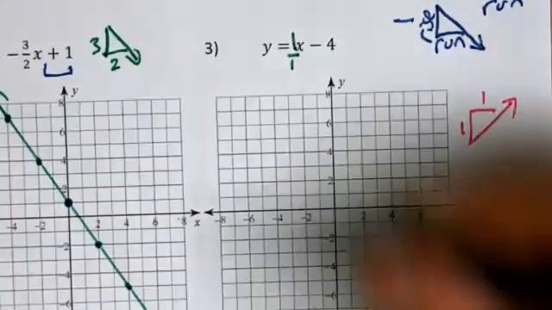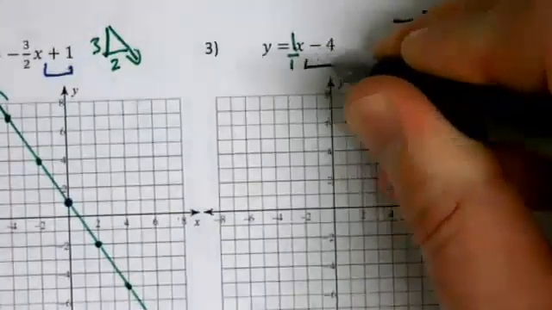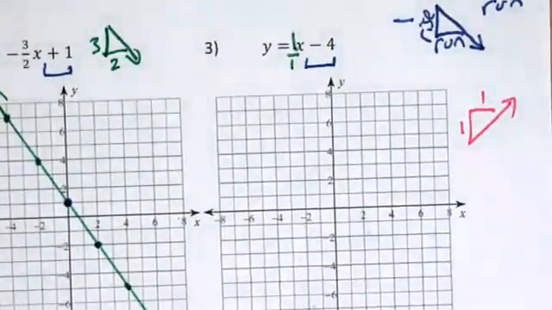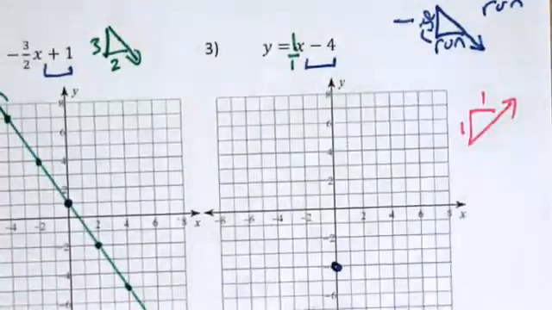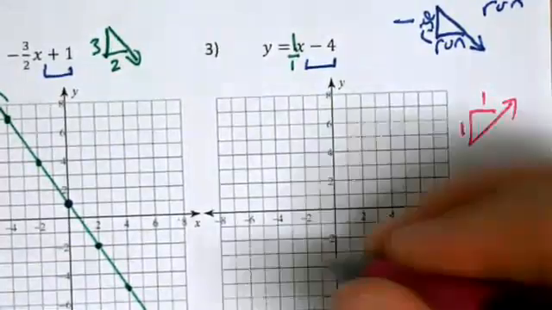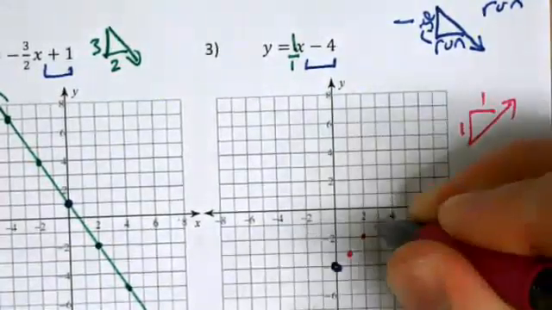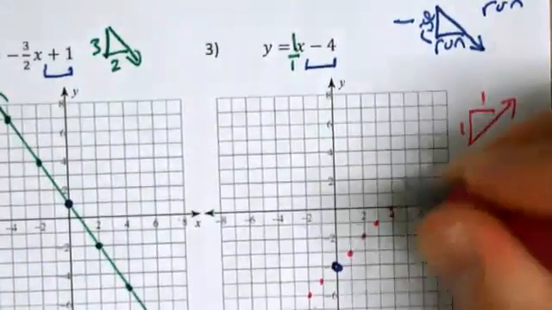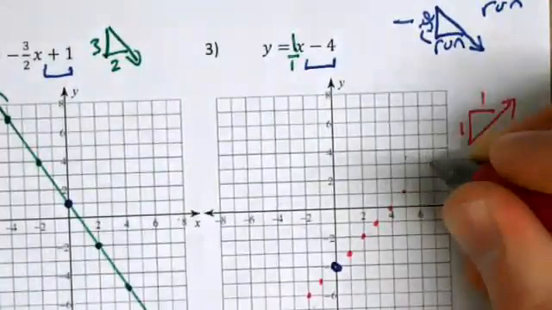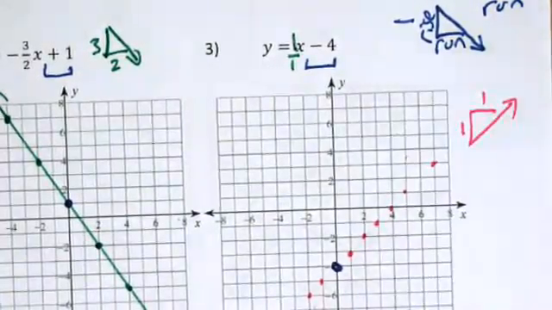This time around, we are starting from -4 on the y-axis. So finding -4, putting a dot there. And then from that point, we'll count our slope up 1 over 1, up 1 over 1. Maybe go backwards a little bit.